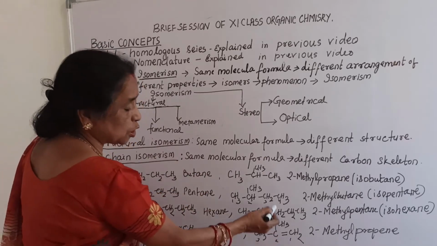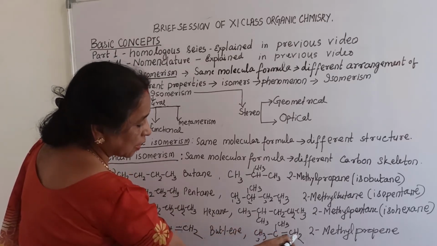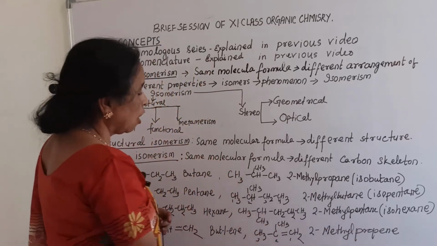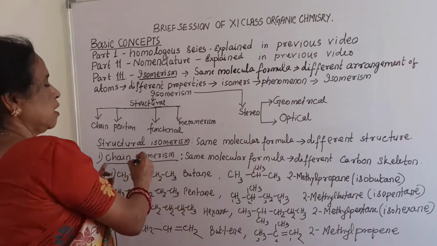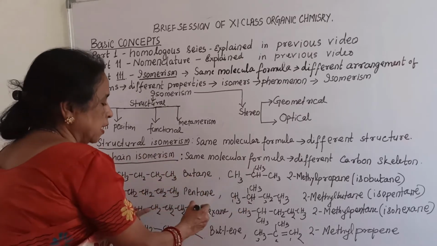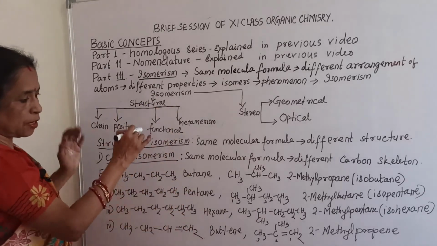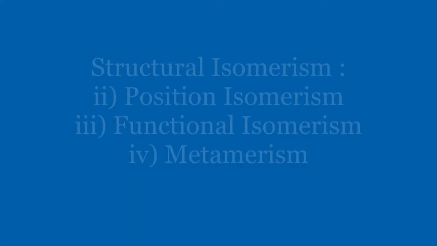Now in second position there is a methyl group, so here you can write the IUPAC name, 2-methyl propene. Now these pairs are chain isomers, and the phenomenon is called chain isomerism.